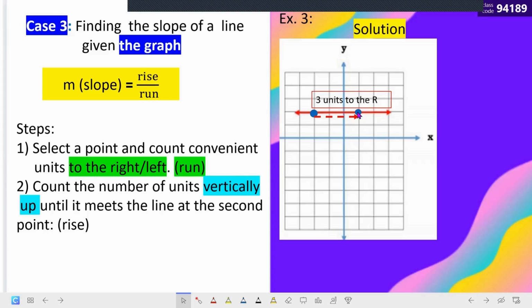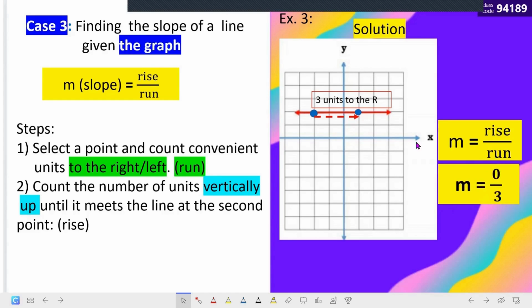Therefore, we don't have any rise in here. So how do we solve if that's the case? No rise, no vertical chains. So we write 0. And our run, the horizontal chains, is 3 units. So 0 divided by 3 is equal to a slope of 0.